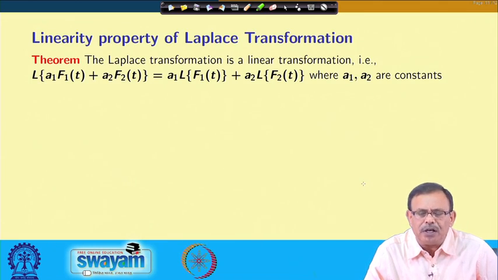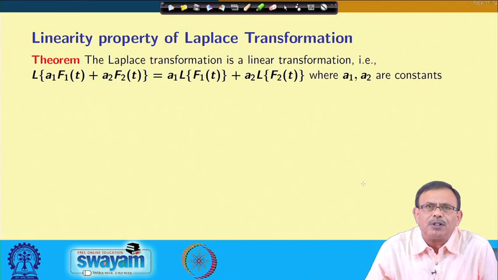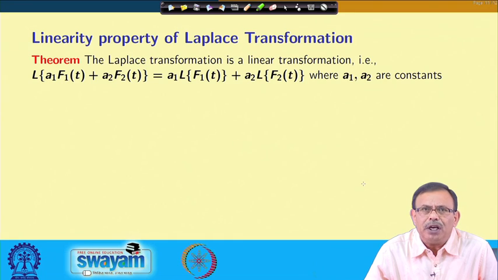Now, come to the linearity property of Laplace transform. The Laplace transform of a linear combination, that is Laplace transform of a1 f1(t) plus a2 f2(t), is equal to a1 Laplace transform of f1(t) plus a2 Laplace transform of f2(t), where a1 and a2 are constants.